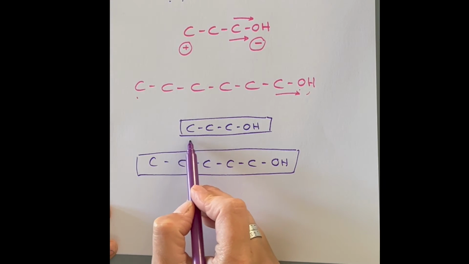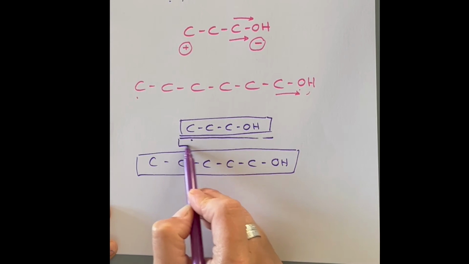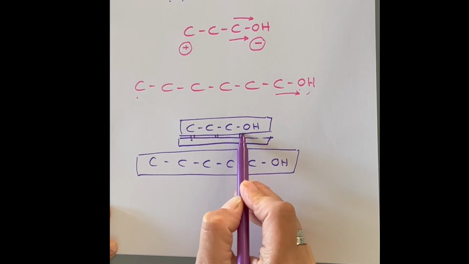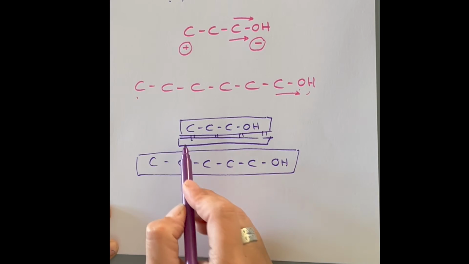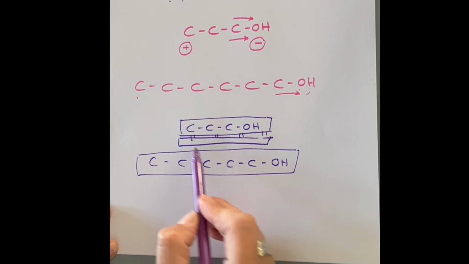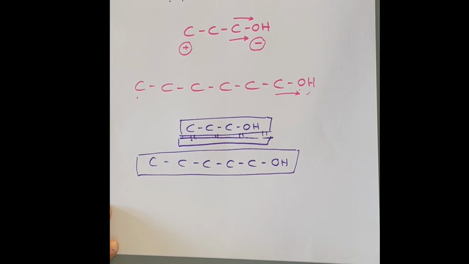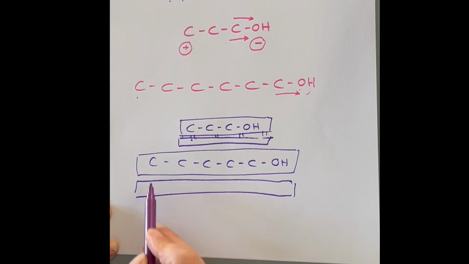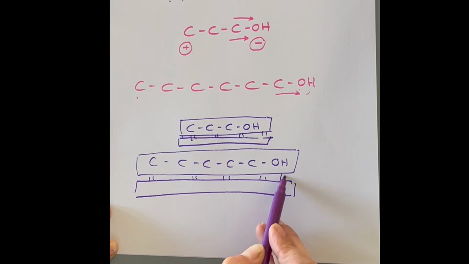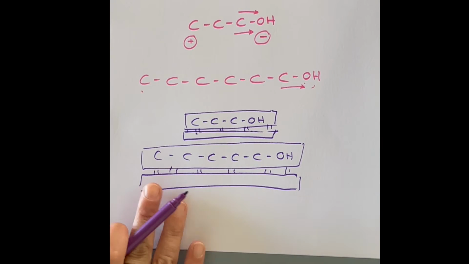So if this is another molecule that's this size, all this surface area is going to hold the molecules together. And if it's a small molecule, this surface area is much smaller, which means that the melting and boiling points will be lower. This one in comparison is much larger, so it has a larger surface area to hold the molecules together. So melting and boiling points increase as size increases, but solubility decreases as size increases.